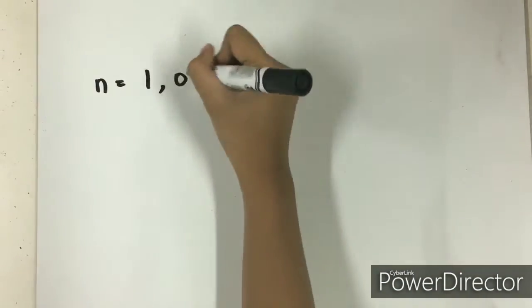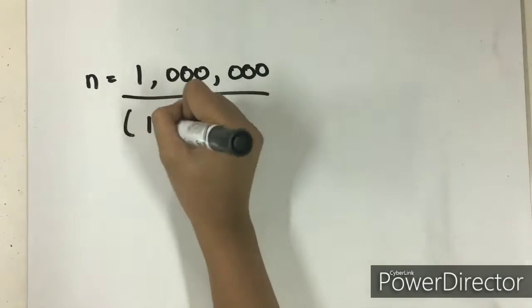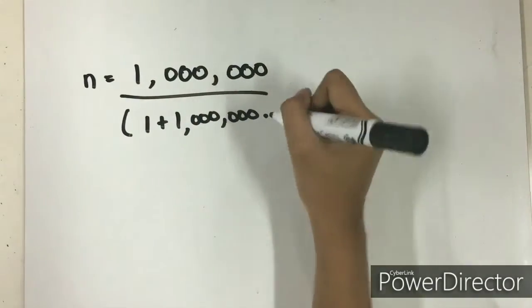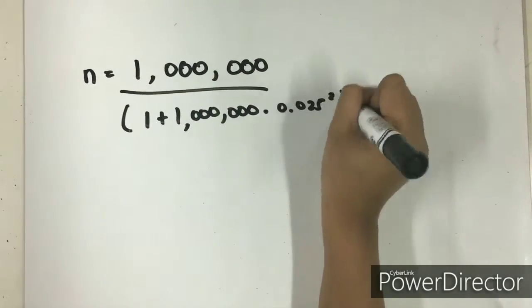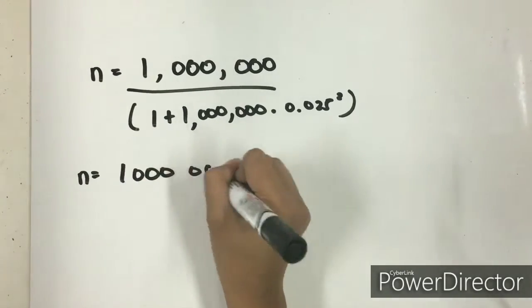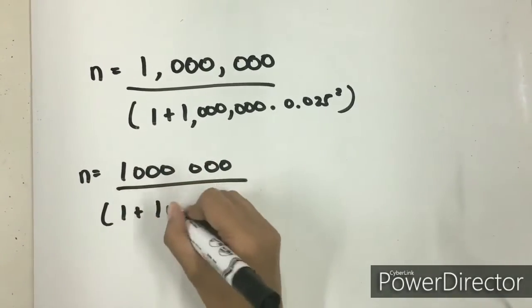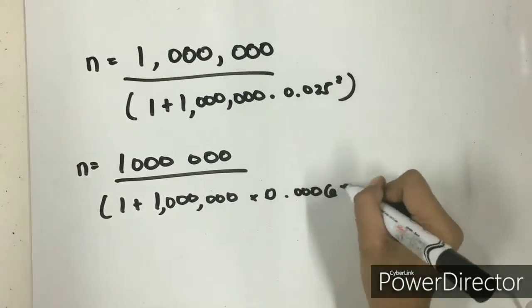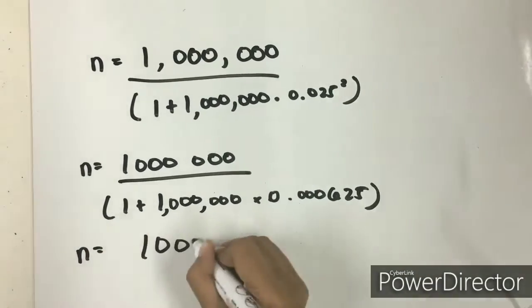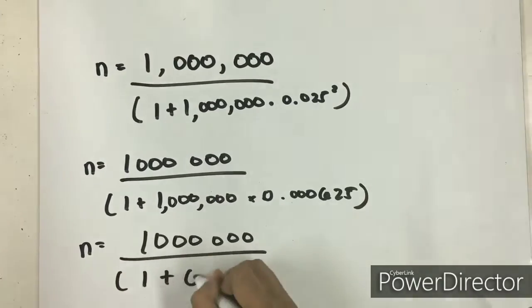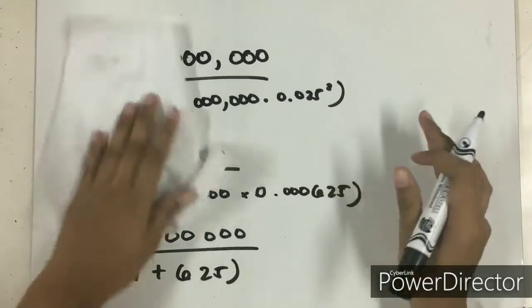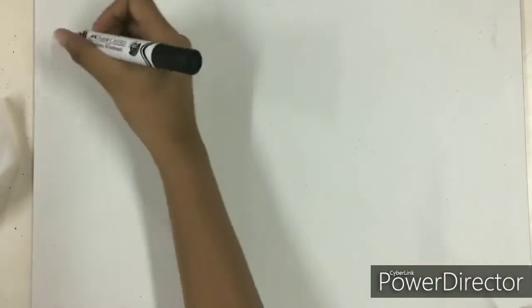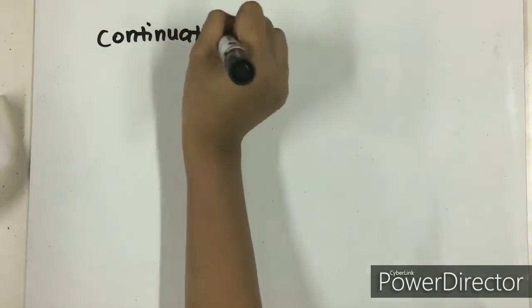Given uppercase N or the population equals 1 million, the lowercase e or the margin of error equals 25%. Convert it to decimal: 0.025. Lowercase n or sampling size equals 1 million over 1 plus 1 million times the square of 0.025.